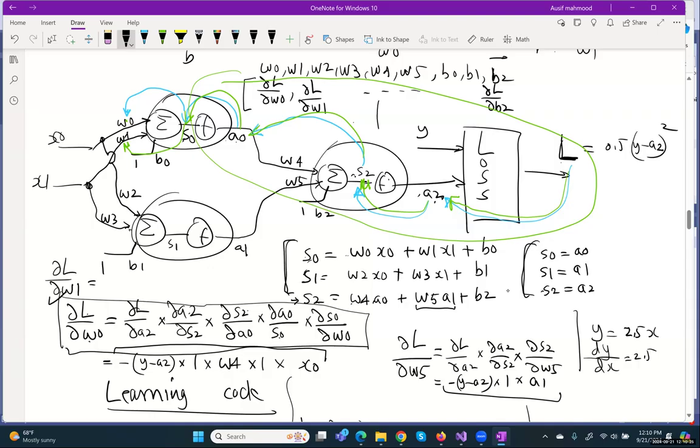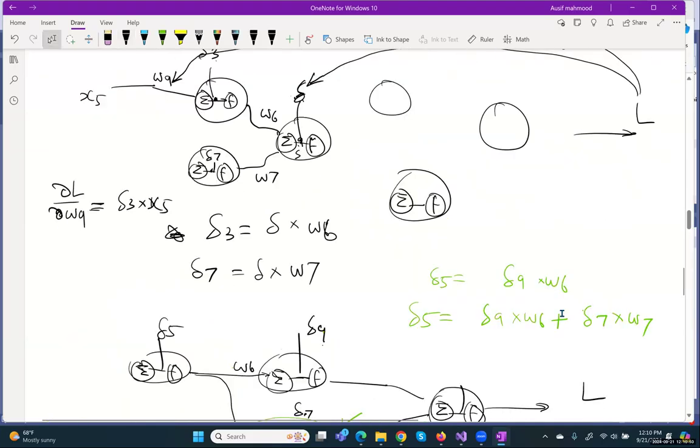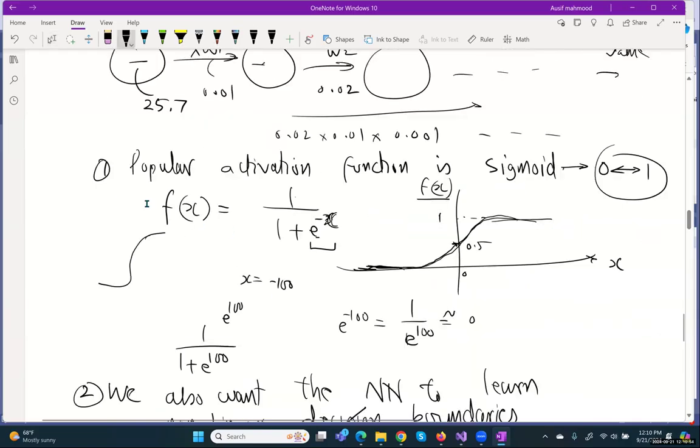If it is a linear activation function, what was partial A2 over partial S2? 1. But now if I say the equation is 1 over 1 plus e to the minus x, can I still say it is 1? No. So what is that value? Let me quickly show it to you.